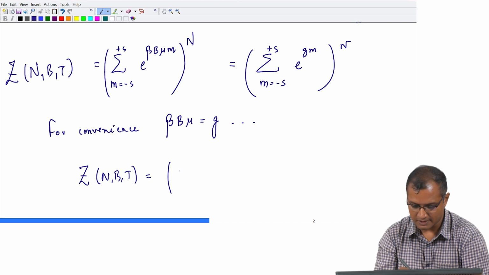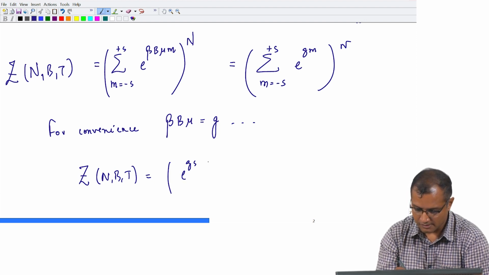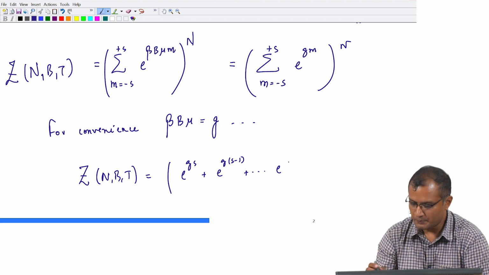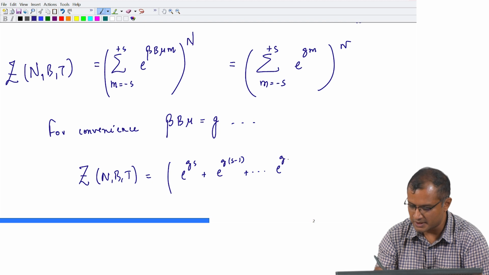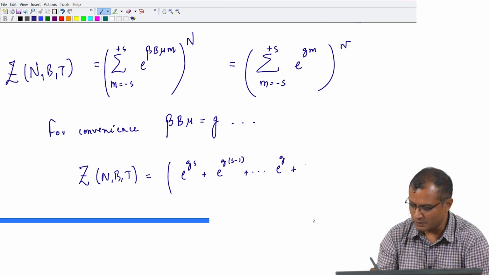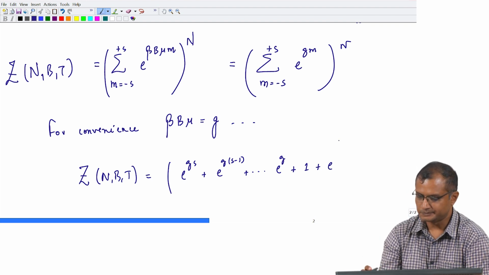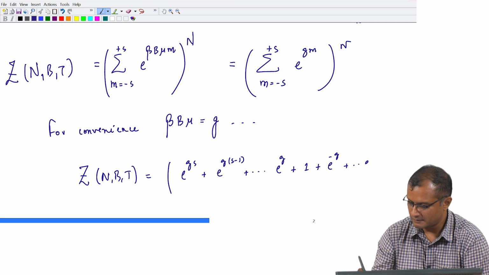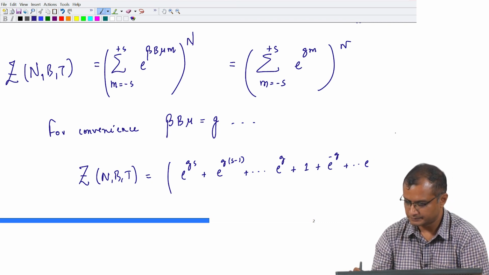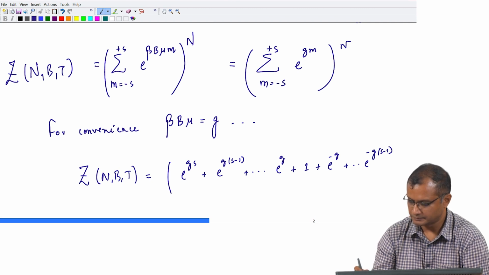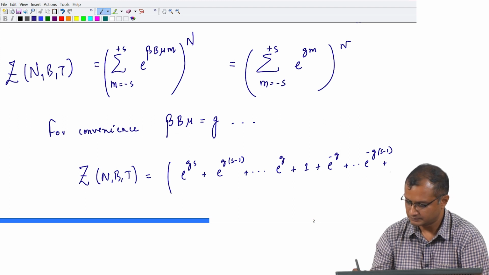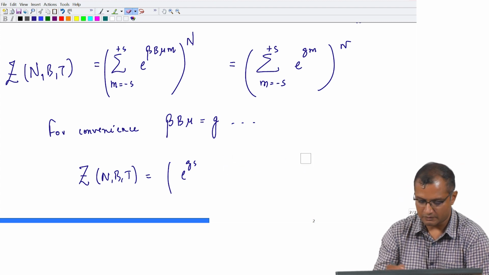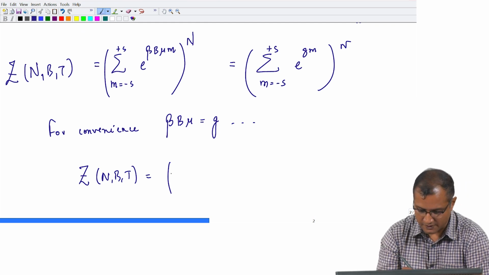I will be getting e to the power g s plus e to the power g (s minus 1) all the way to e to the power g times m equal to 0, which will give me 1, plus e to the power minus g, plus so on. Okay, I need some space here, so let me write this in a space-conserving way.